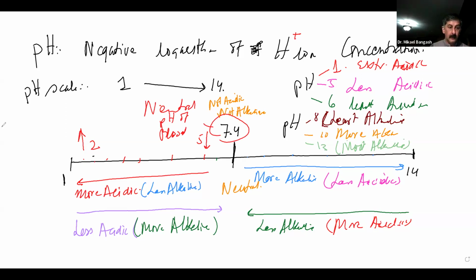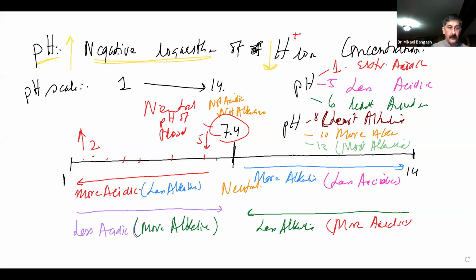Now here comes the thing. When we say negative log, it mainly means the lower the hydrogen ion concentration, the greater will be your pH, because of the word negative.